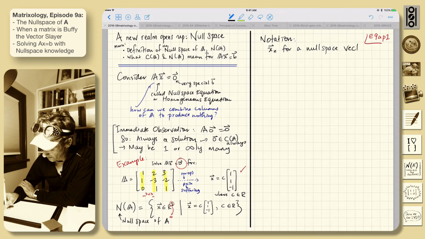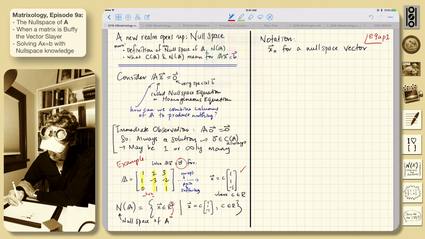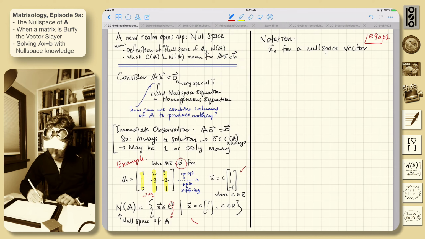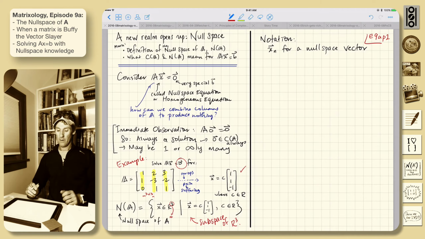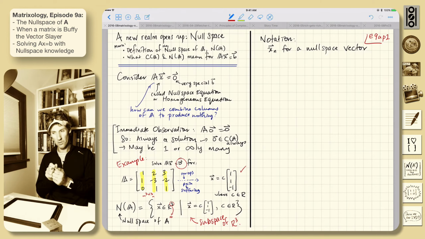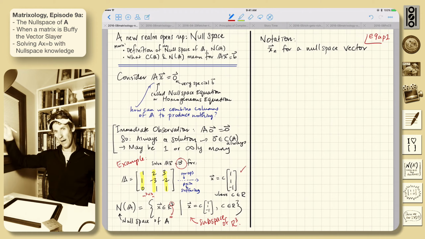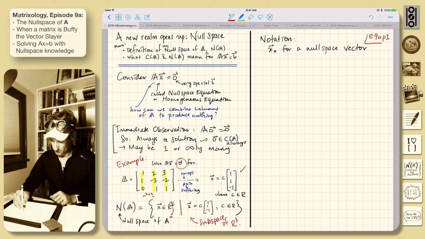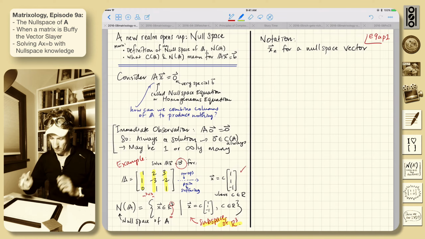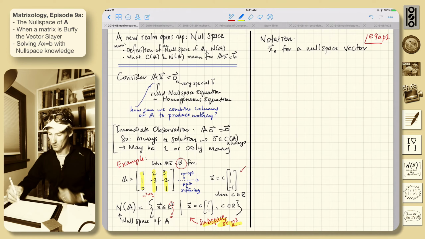Maybe I didn't say this quite properly, but this is clearly a subspace of R3. It has a 0, it goes through 0 and it traces out a line in 3 dimensions. Very important, so this is a big deal. So the null space, just like the column space, is always a subspace.